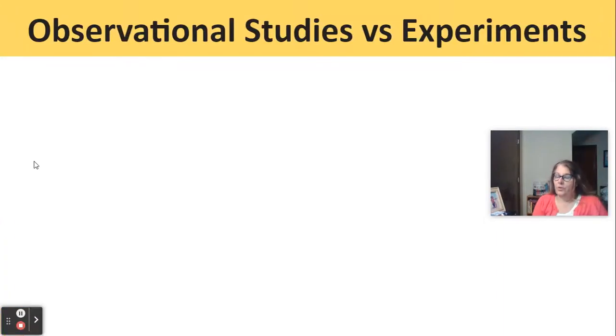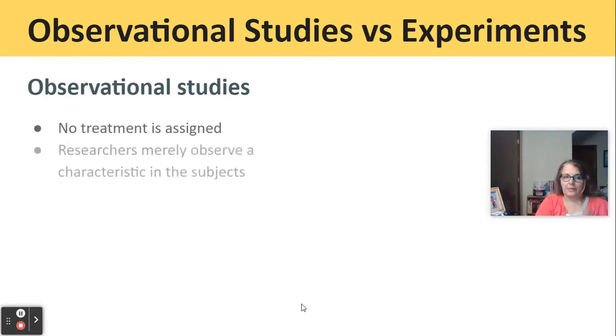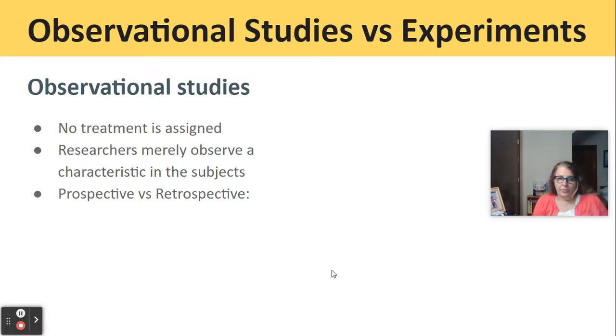First of all, knowing the difference between observational studies versus experiments. Well, an observational study is basically what it says. There is no treatment assigned. Researchers merely observe a characteristic in the subjects, and we usually say it's done as either prospective or retrospective.